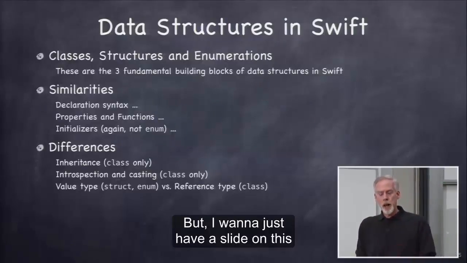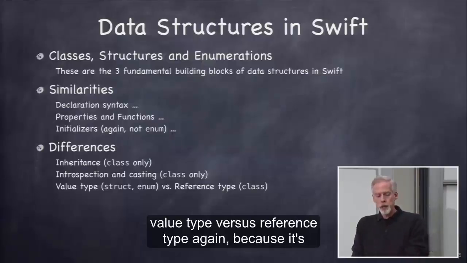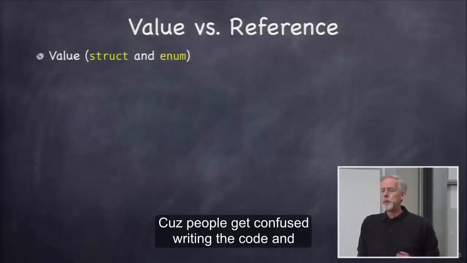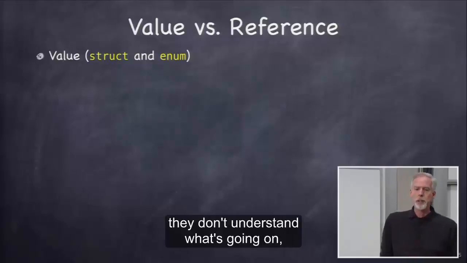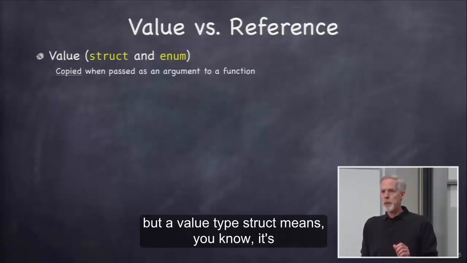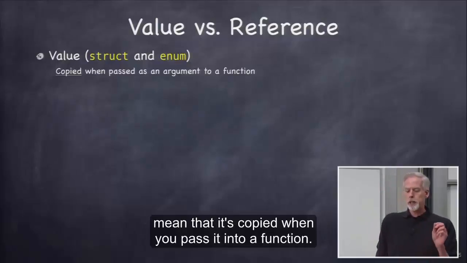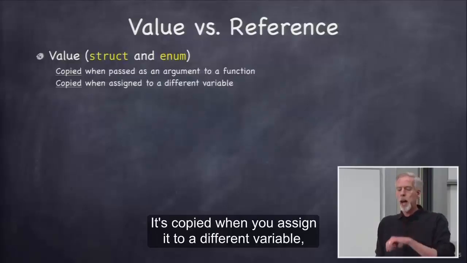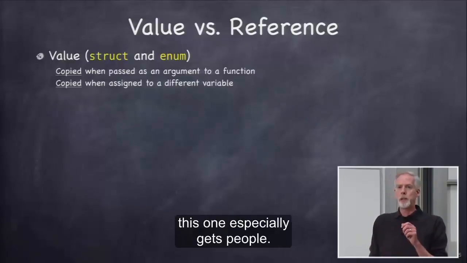But I want to just have a slide on this value type versus reference type again, because it's a really important thing to understand, because people get confused writing the code and they don't really understand what's going on. But a value type, structs and enums, means that it's copied when you pass it into a function. It's copied when you assign it to a different variable. This one especially gets people, they don't understand this.